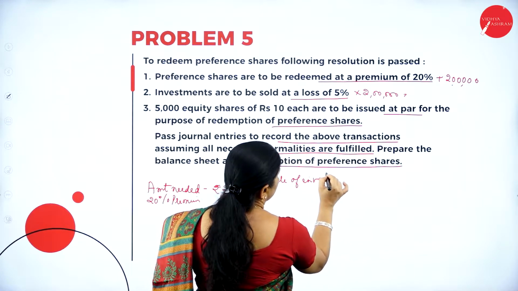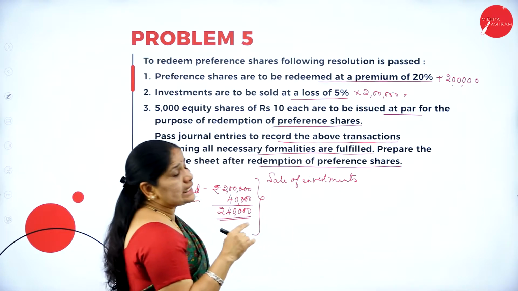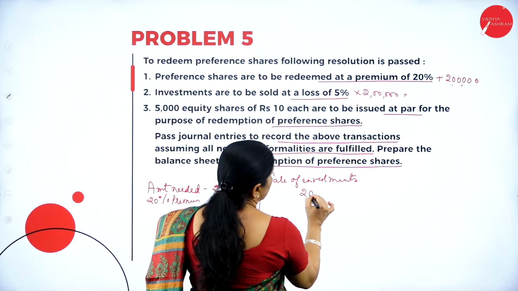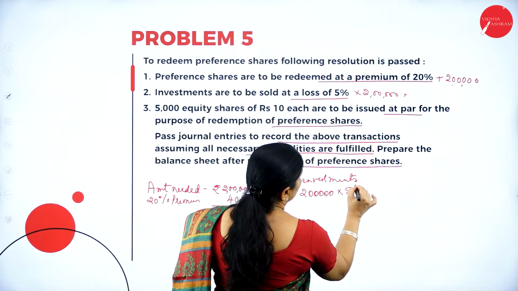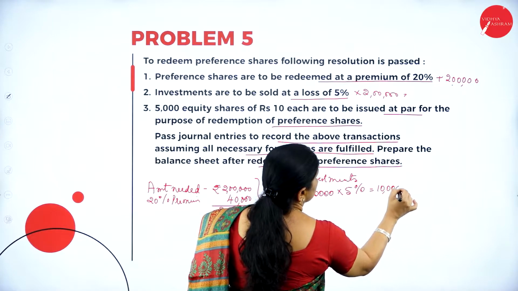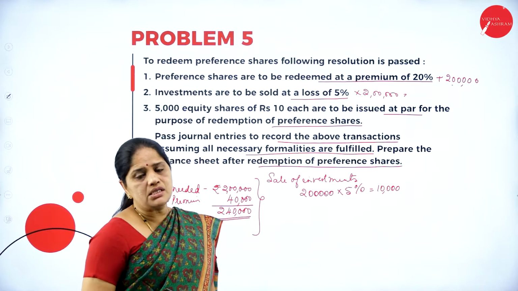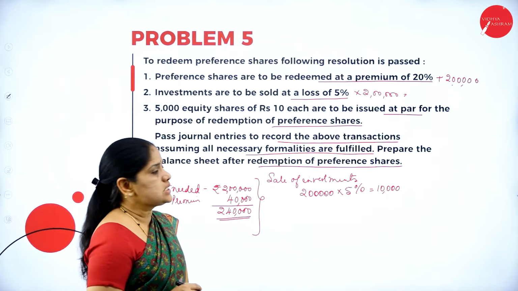The investments are sold at a loss of 5%, which is 2 lakhs, the book value, into 5%. That comes up to 10,000. This 10,000 is a loss to the company which should be debited to profit and loss account.